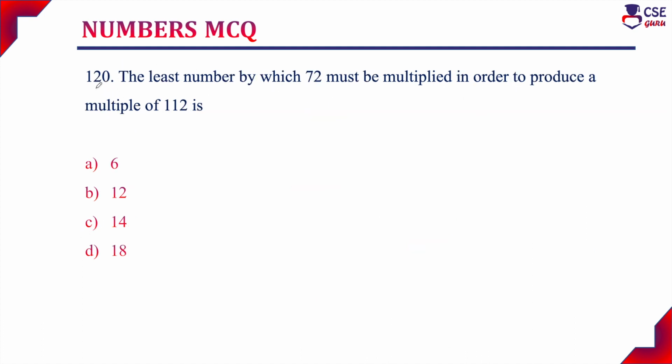Next, problem number 120. The least number by which 72 must be multiplied in order to produce a multiple of 112. So here, the least number we will consider as x. And this least number should be multiplied by 72, and we will get a product. And this product should be exactly divisible by 112.